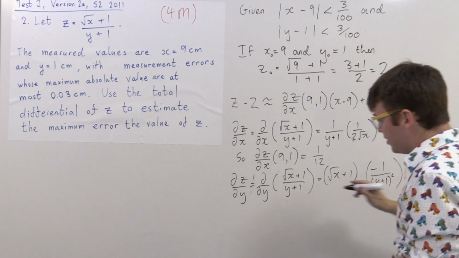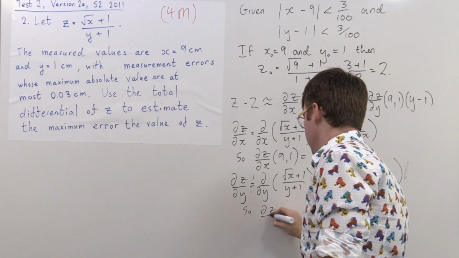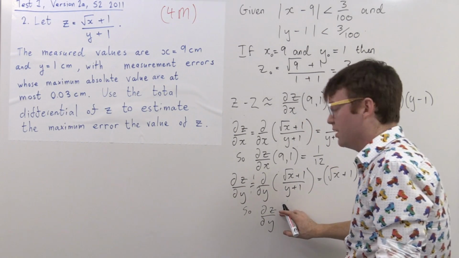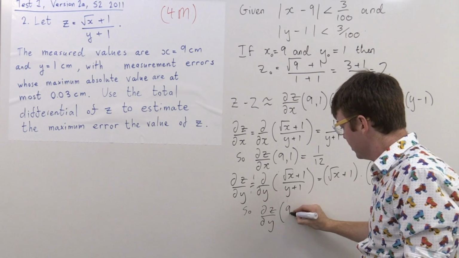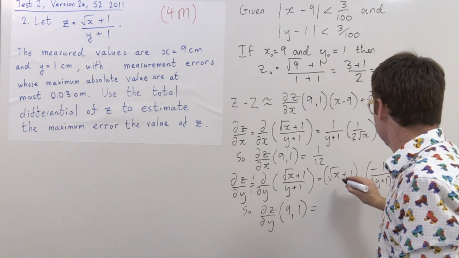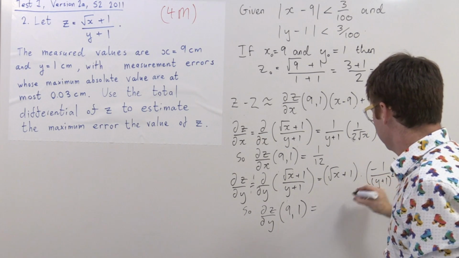And now I evaluate this at the point. So ∂z/∂y evaluated at (9,1) is 4 times minus 1 divided by 2 squared, which is minus 1.